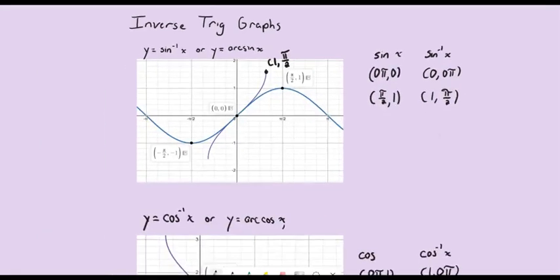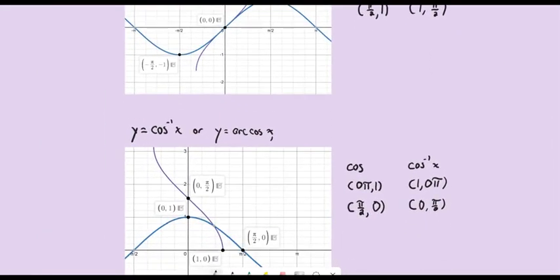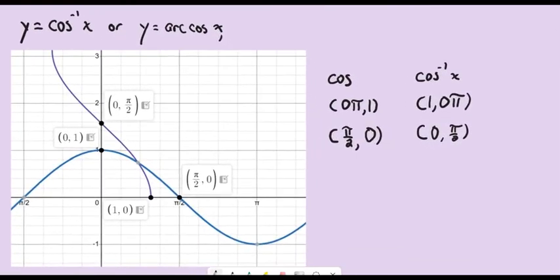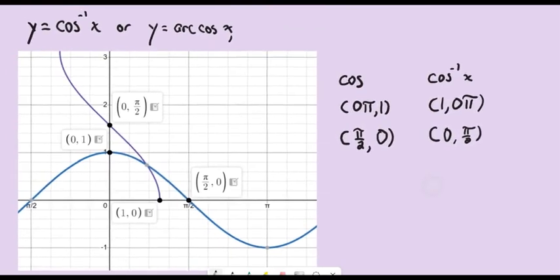And if you notice the cosine, we can actually see it better here because of the way the graph's oriented. The graph of cosine at 0 pi, the output is 1. So that means in inverse cosine, we have 1 with the output of 0 pi. And you can kind of see right here where that's working out.